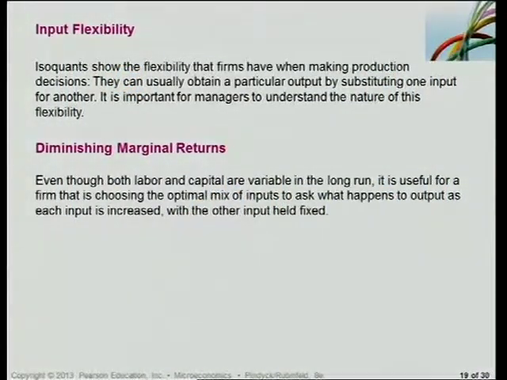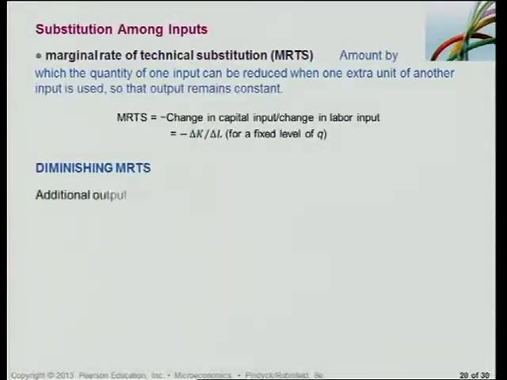Okay, so this is just to illustrate to you a production function with 2 variable inputs, which happens in the long run, and then we introduce the isoquant map, which is similar to an indifference curve map. Okay, now we've already mentioned diminishing marginal returns is also applicable in the long run. So you can just look at that.